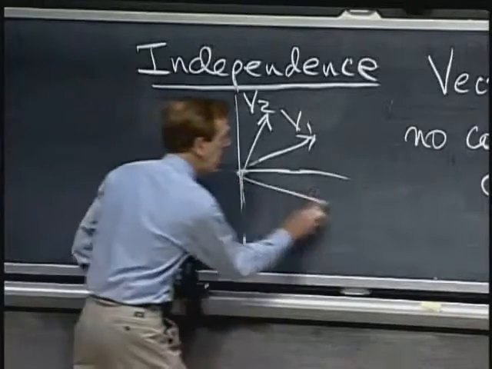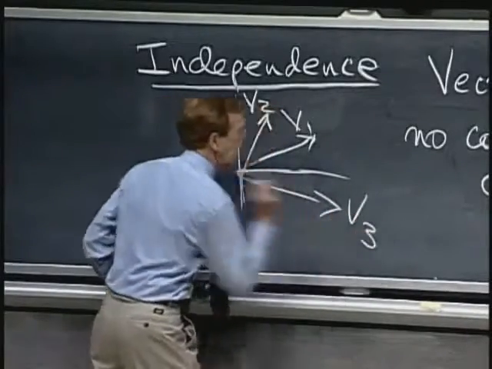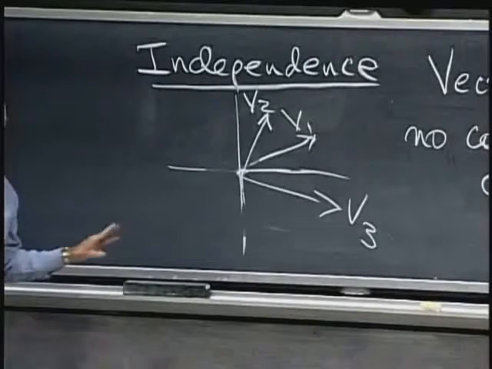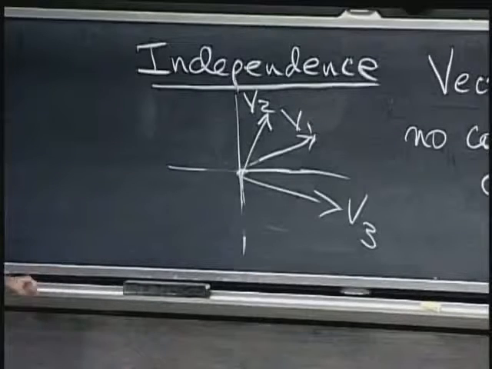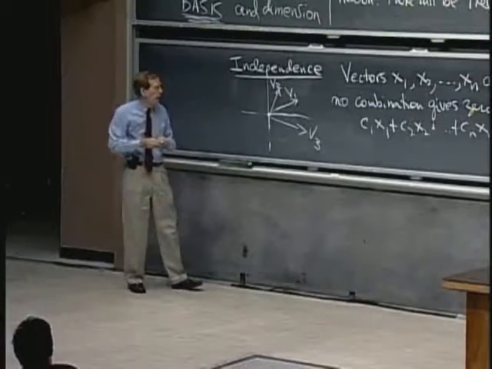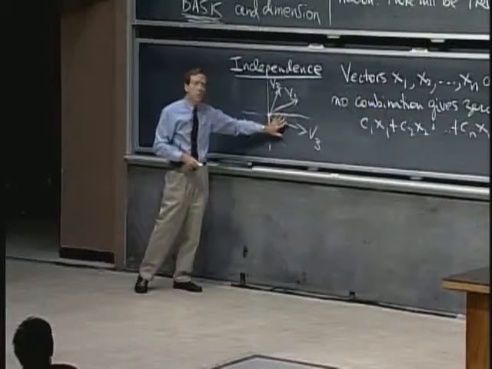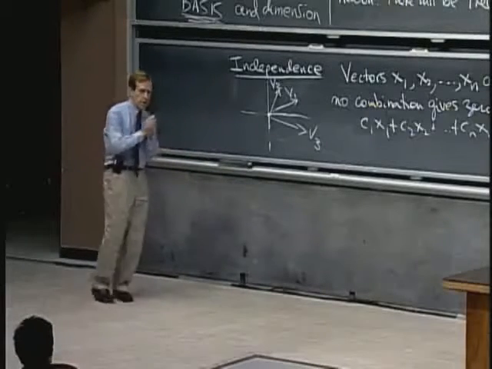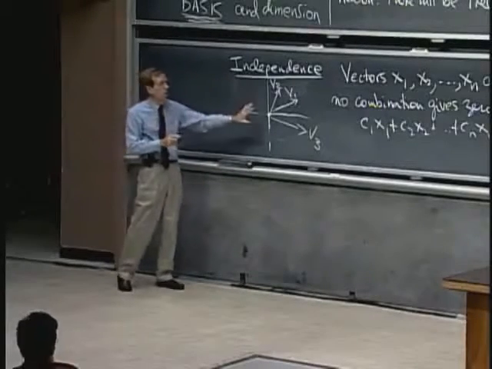But now let me stick in a third vector, v3. Independent or dependent now, those three vectors? So now n is 3 here. I'm in two-dimensional space, I'm in the plane. I have 3 vectors that I didn't draw so carefully, and I didn't even tell you what exactly they were.